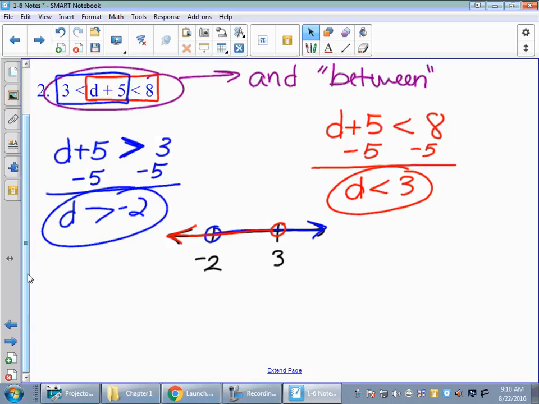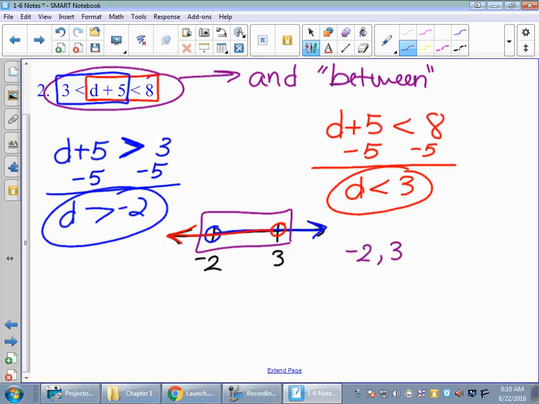So when I write my solutions, I will write them as, for the interval, my interval of solutions goes from -2 all the way to +3, not including either of them. So it's a range of values between -2 and +3.